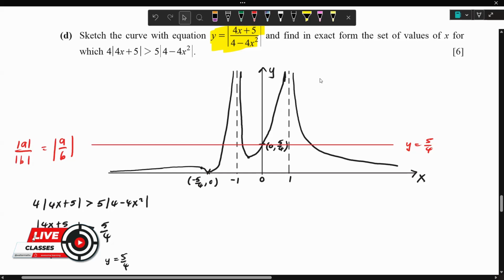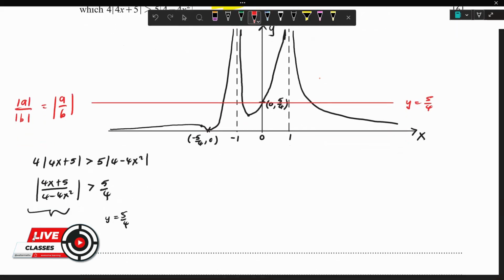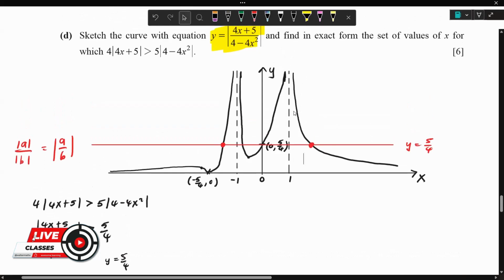All right. So we're going to say here to find the points of intersection, okay? Let's start with the point of intersection, this one, and this one. What's special about these two is that these are the intersections with the line y is equal to 5 over 4 of the reflected parts of the graph.